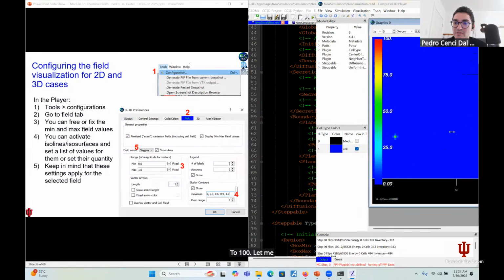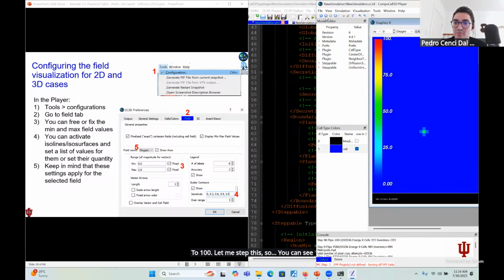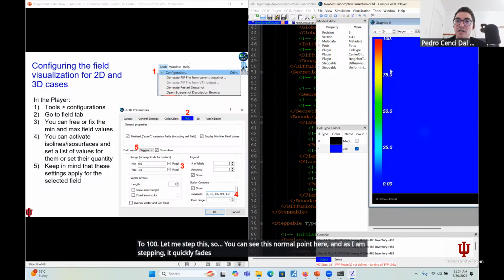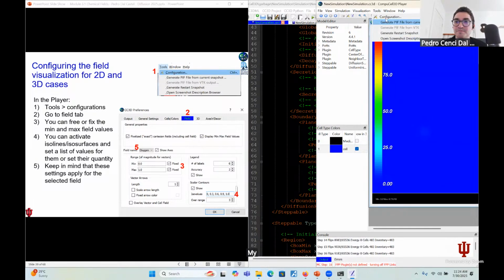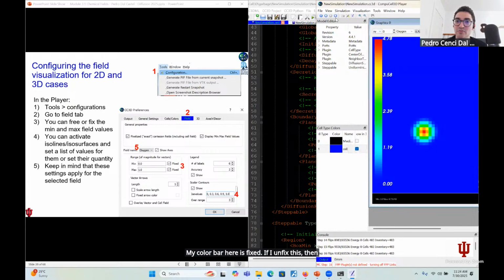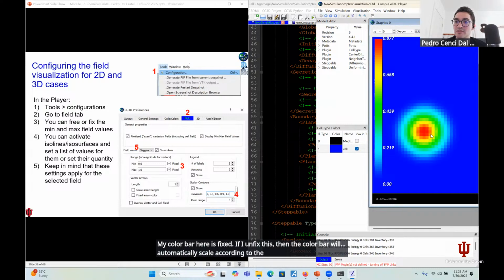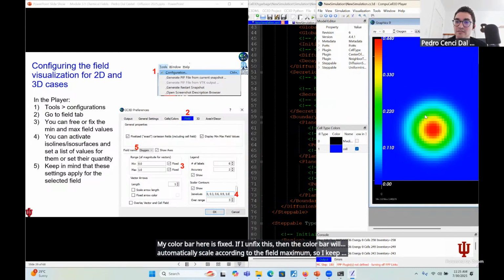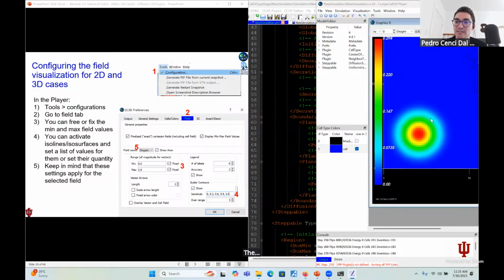Let me step this. So you can see the null point here, and as I am stepping, it quickly fades because my color bar here is fixed. If I unfix this, then the color bar will automatically scale according to the field maximum. So I keep seeing these droplets spreading as time goes on.